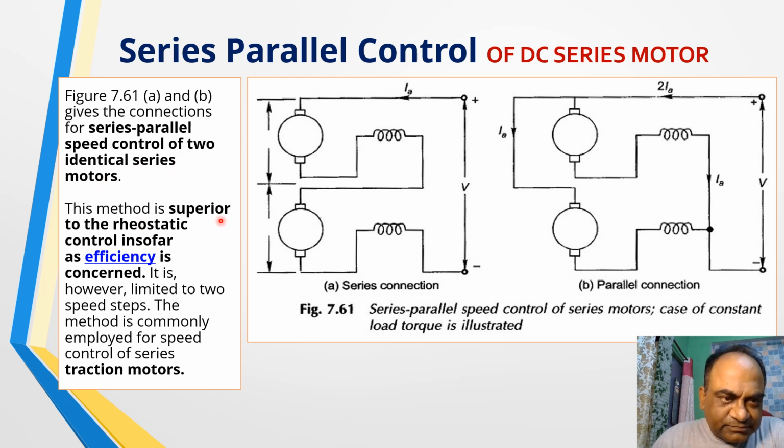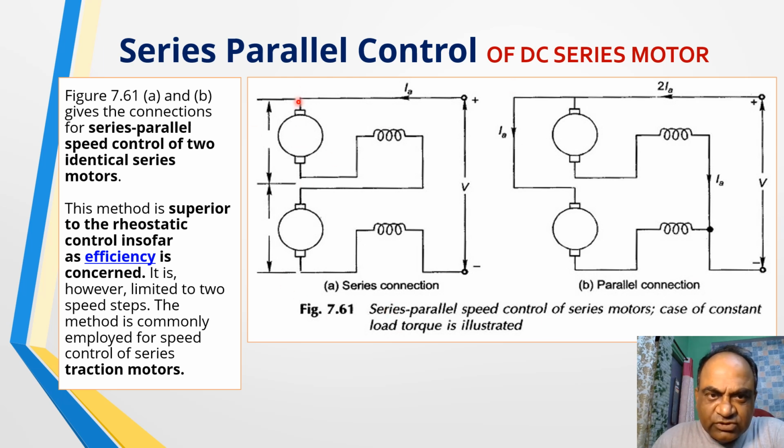And this method is superior to rheostatic control insofar as efficiency is concerned. It is, however, limited to two speed steps. The method is commonly employed for speed control of series traction motors. So this method is employed in traction locomotives.